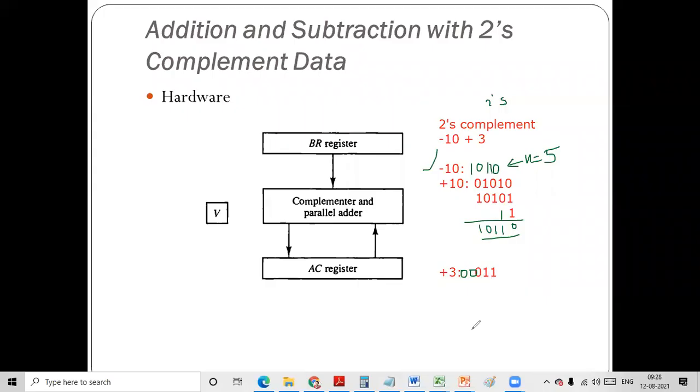So plus 3 is 0, 0, 0, 1, 1. Now I have to perform the addition of minus 10 and plus 3. Minus 10 is 1, 0, 1, 1, 0, and then plus 3, I have to add 0, 0, 0, 1, 1.